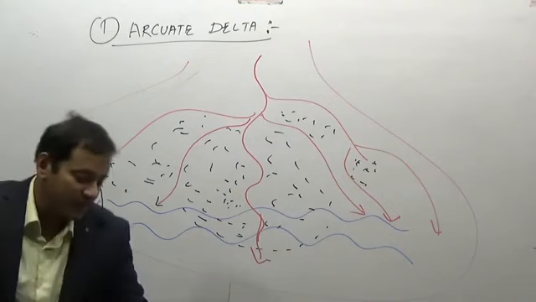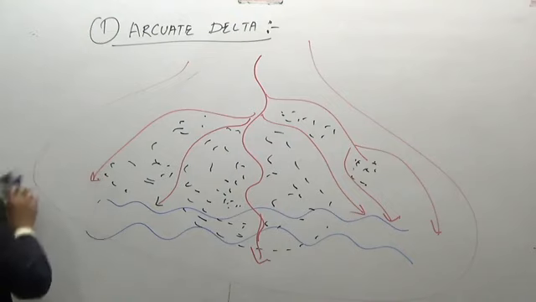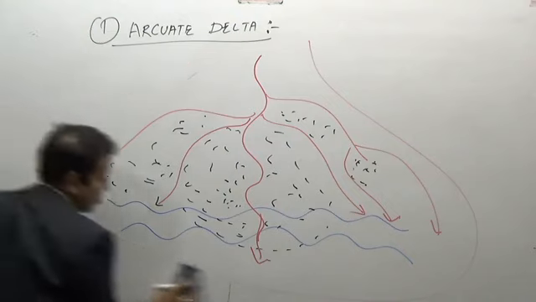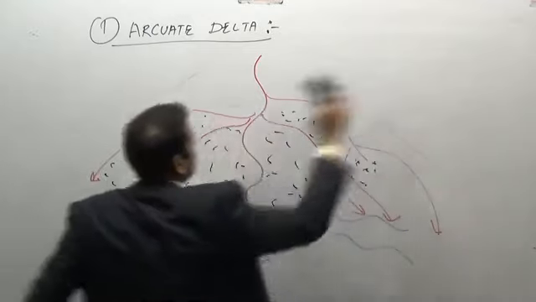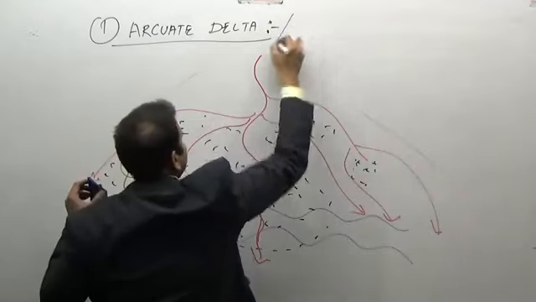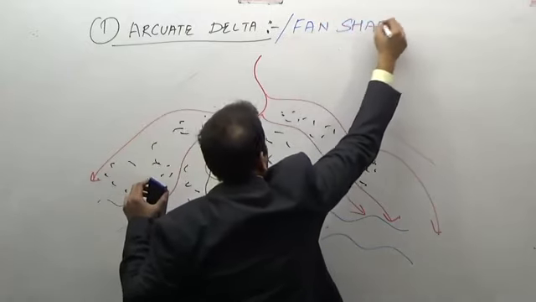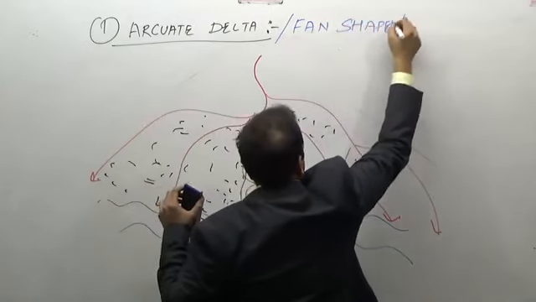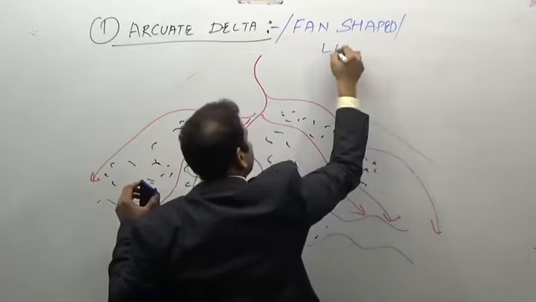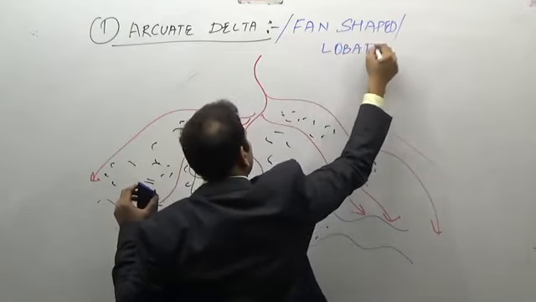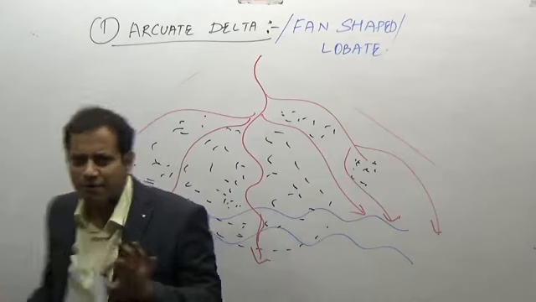Now remember some important points of an arcuate delta. It is also known as a fan-shaped delta, or a lobate delta. It is the most common type of delta.